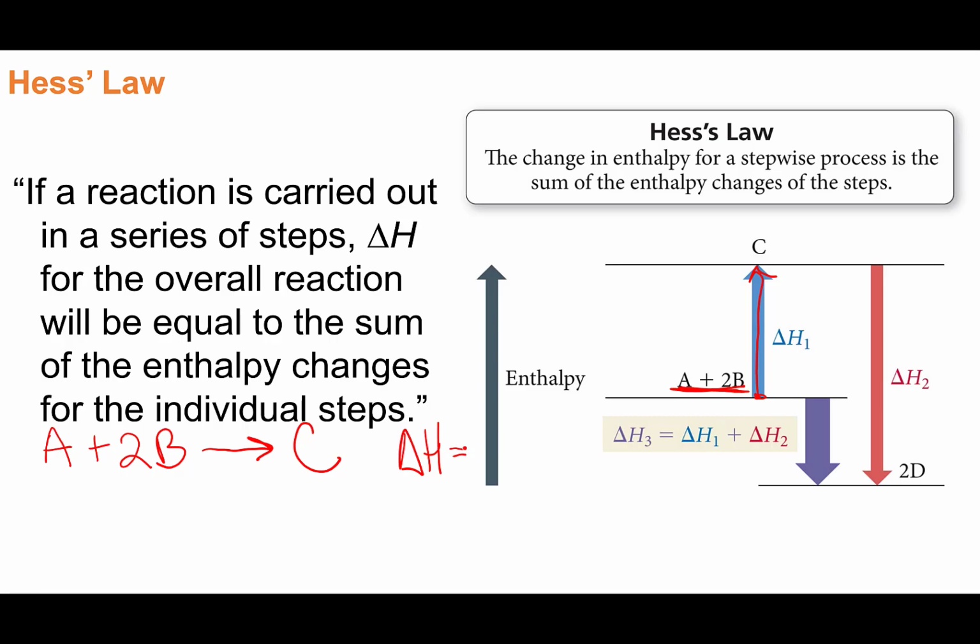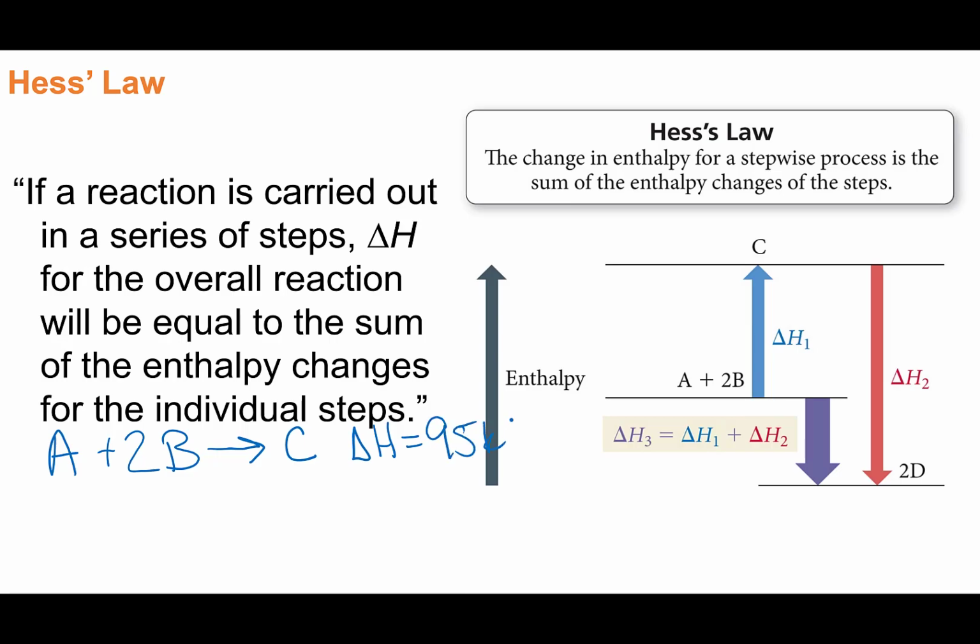Let's just throw a number in here. Let's say that that's 95 kilojoules. You know what, I should do that one in blue. Let me erase that and do that in blue to match our graphic here. So A plus 2B produces C, and the enthalpy change associated with this, let's say, is 95 kilojoules.